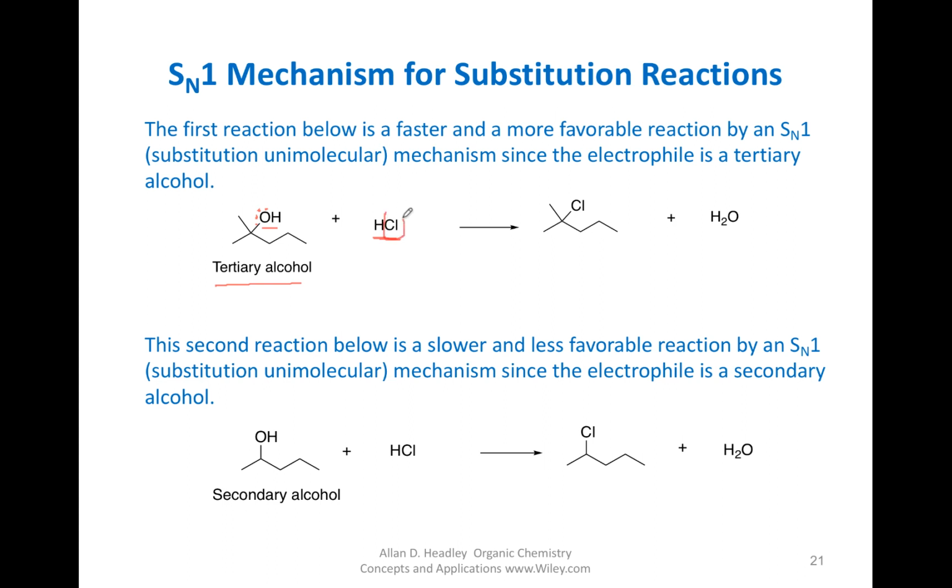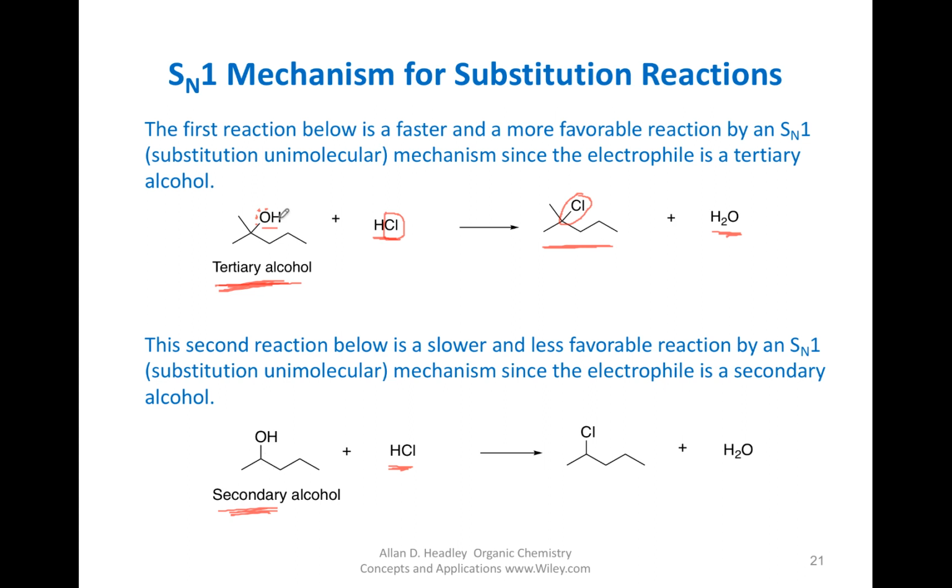Here is our nucleophile, and here is the new bond that's made, and here is our leaving group, and here's the product. This is the substitution product. Notice that this is a tertiary alcohol. This reaction here is a reactant that's using a secondary alcohol. Same reaction conditions.